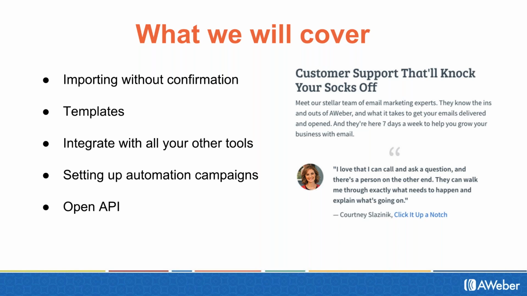So, like I said in the beginning of this presentation, feel free to reach out to me directly. I'm always happy to help in any way I can, but also know that we have an incredible support team that's really here for you. As you're getting started with your journey, getting the automated campaign set up and sending out your newsletters, please know that we're here to help you throughout the entire journey.